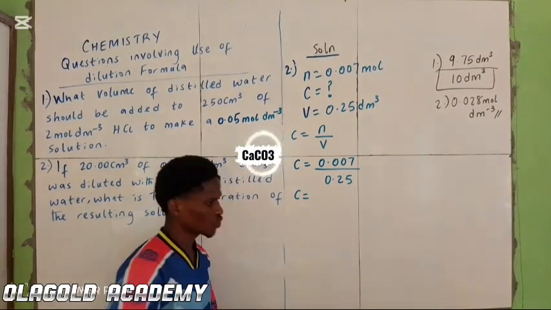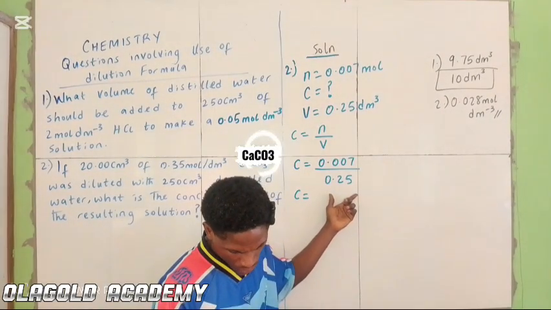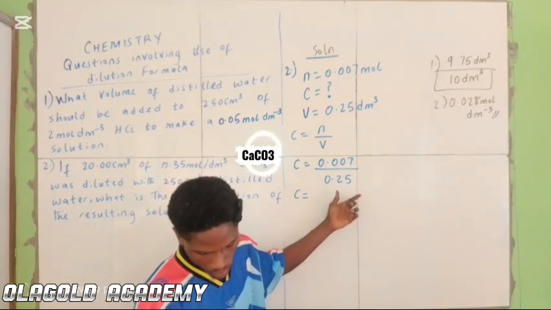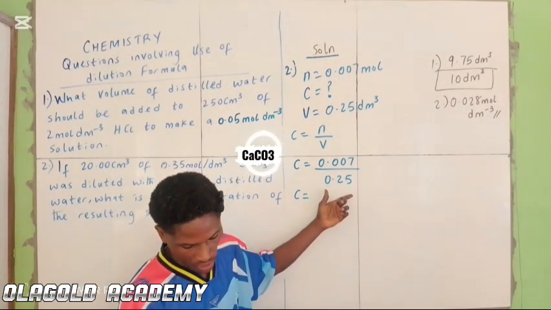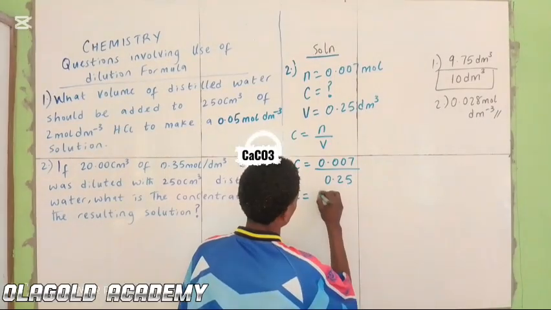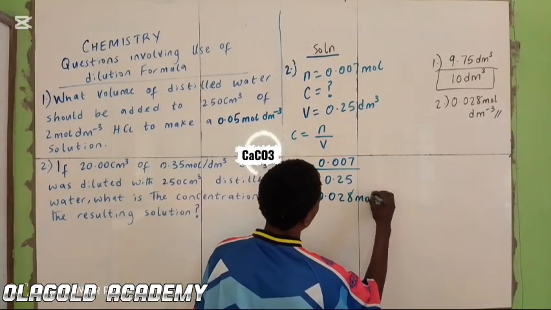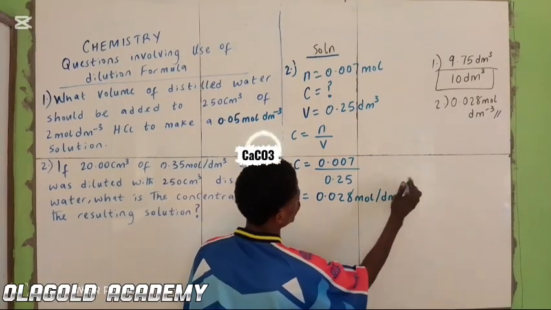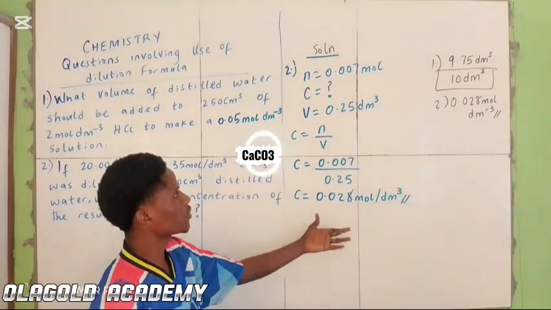If you divide 0.007 over 0.25, we're going to get 0.028 mole per dm cube. So we're going to get the same answer.